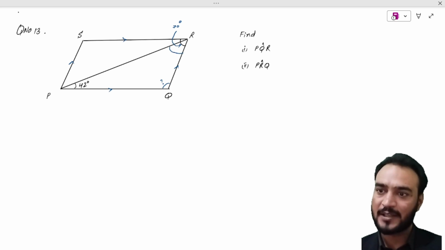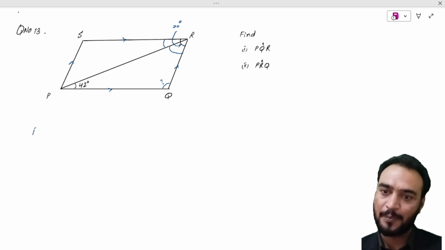And you know that in a parallelogram, opposite angles are equal in magnitude. So the angle QRS is actually equal to angle QPS. So if we subtract 42 degrees from 70 degrees, we get the remaining angle, and that is the angle PRQ.